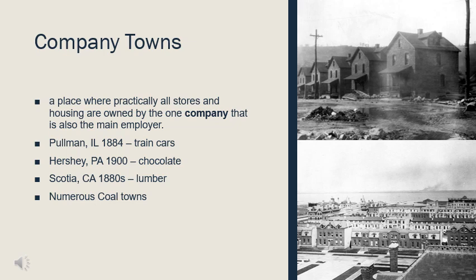For example, Pullman, which created luxury train cars, had libraries and lectures and other cultural events, but they also prohibited the sale and consumption of alcohol in the city limits.